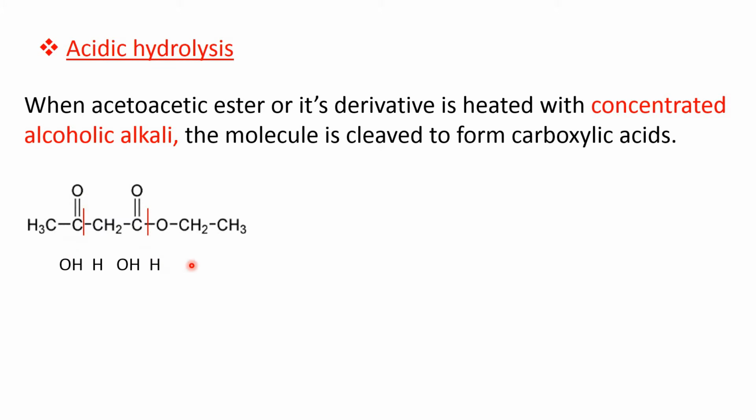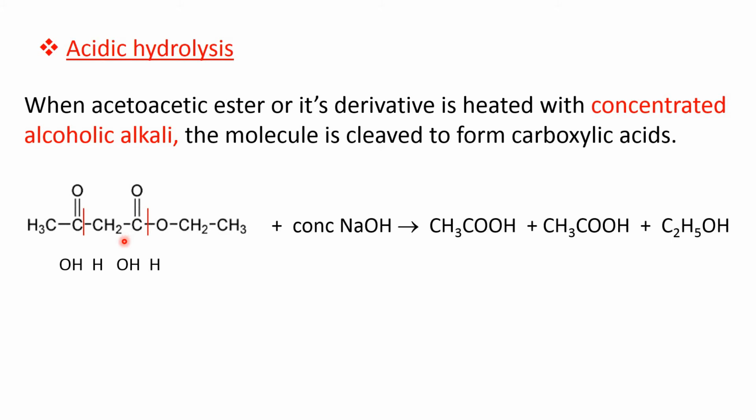And from here you will get the ethanol, and from this middle part also, if you don't give any other reagent, if you don't synthesize any other thing, here also you will get the acetic acid. And from this part only we can synthesize the other compounds. So, with concentrated alkali, the products are acetic acid and ethanol.